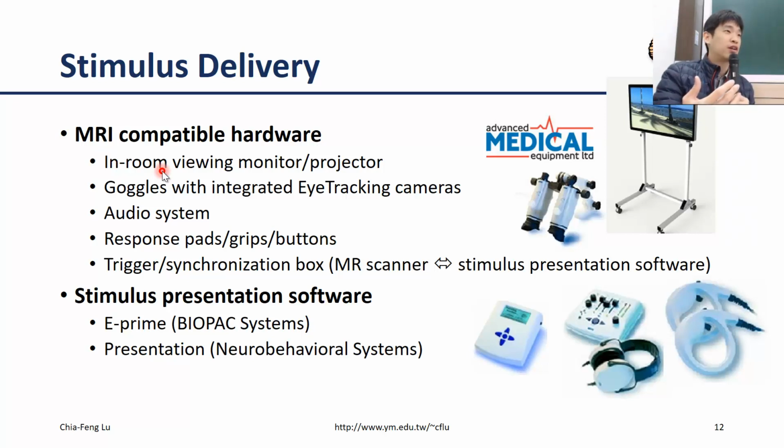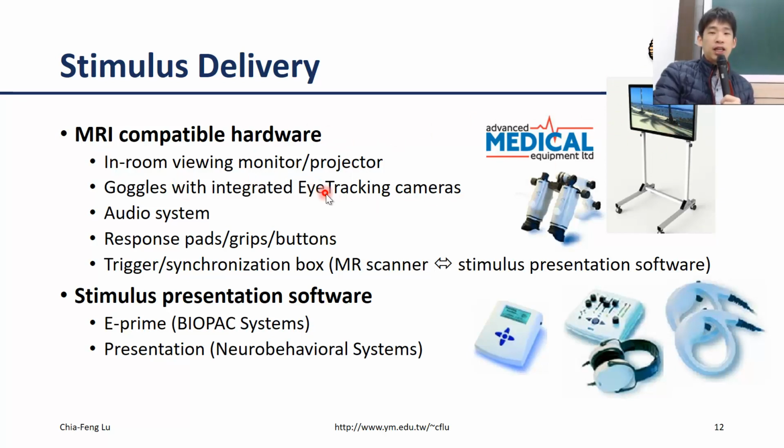However, the image quality is pretty bad because it goes through a window. So in-room hardware is better. You can bring the monitor or projector into the MRI scanner room, and then do the image display or video display within the MRI room.